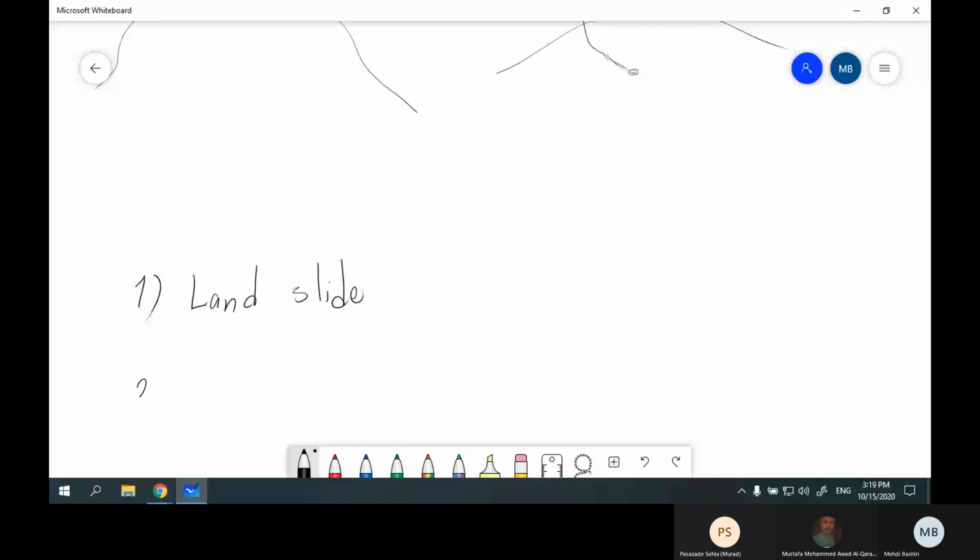The second one is graben. The third one is rockfall. Fourth one, slumping.